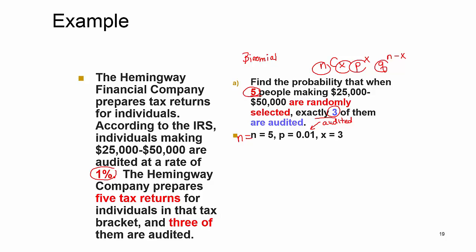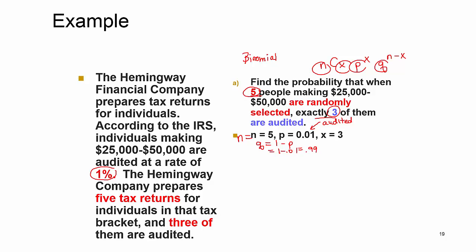The only thing missing is q. So q is going to be 1 minus p. It's the opposite of p. So 1 minus 0.01 gives me my q, which is going to be, let's see, well, that would be 99%, so 0.99.